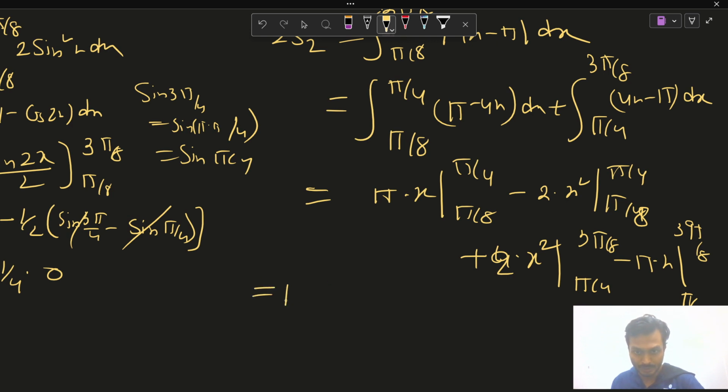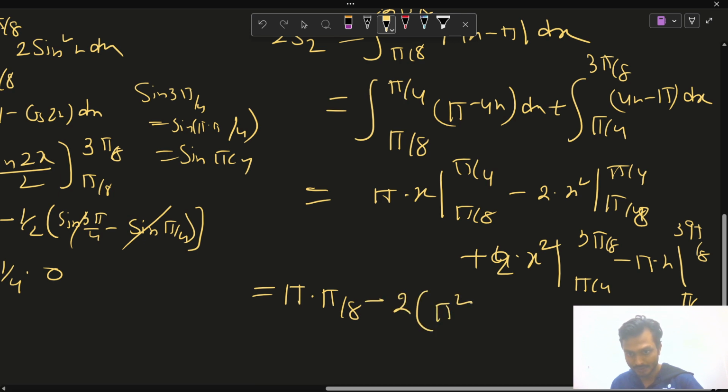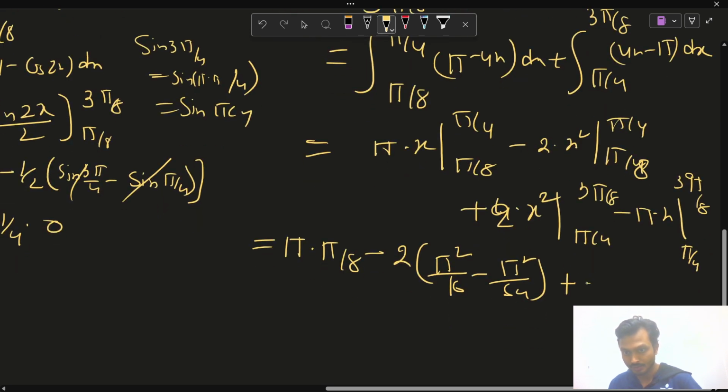Now if we put in the limits, this will be pi into pi by 8, minus 2 into (pi square by 16 minus pi square by 64), then plus 2 into (9 pi square by 64 minus pi square by 16), right?